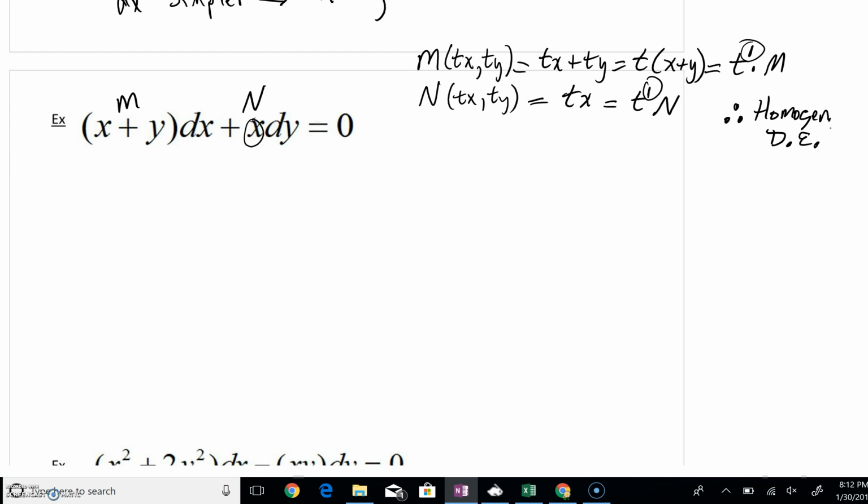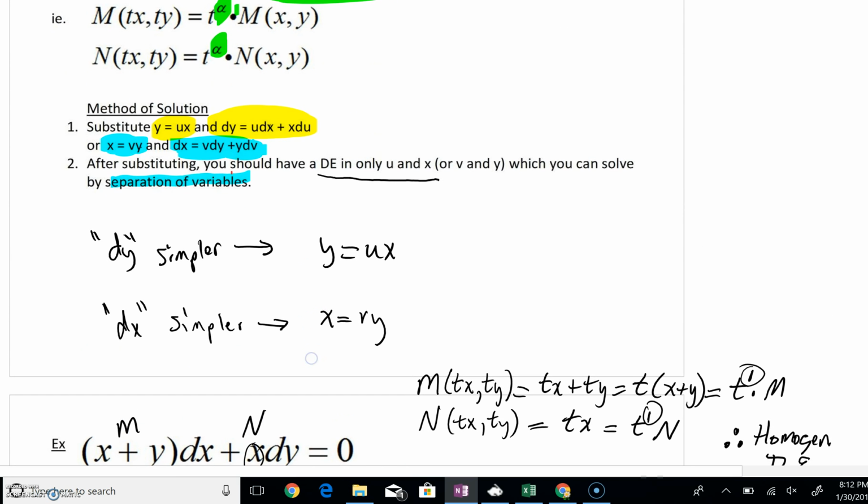Now, as we're looking here, you might wonder which differential is simpler. And we can definitely see that dy is simpler. So a good rule of thumb then is to say, let's substitute. Remember, we had two choices, yellow or blue here.